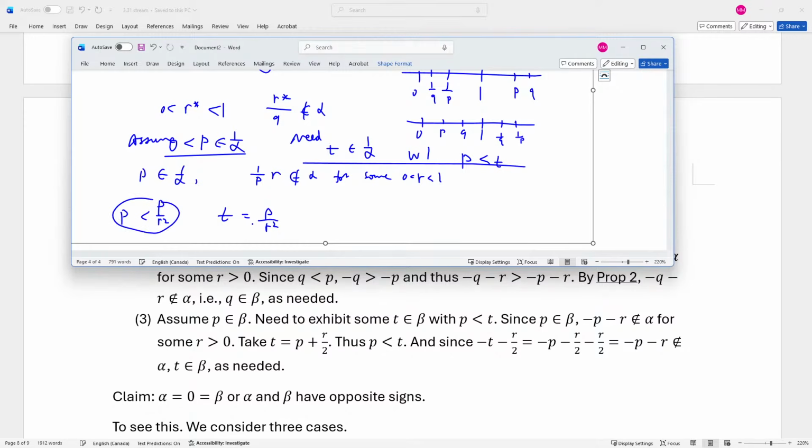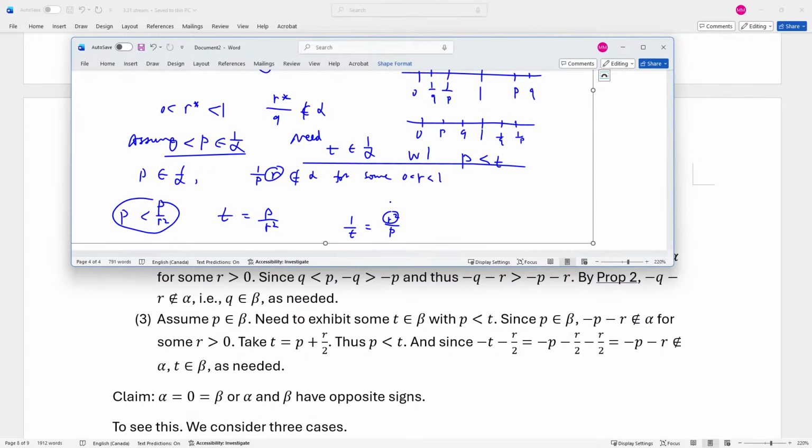That is guaranteed. But is t still in 1 over alpha? Well, 1 over t is what? 1 over t is r squared over p. But r squared is less than r. I need something that is greater than r.